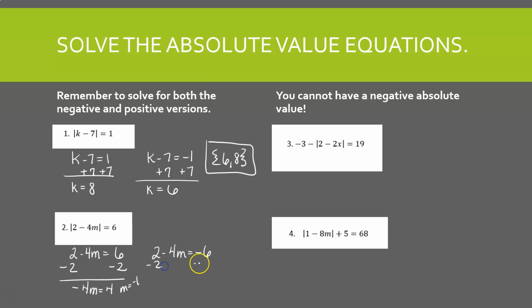If I subtract 2, I have negative 4m equals negative 8. If I divide by negative 4, I have m equals 2. So my solutions here are negative 1 and 2. Okay.